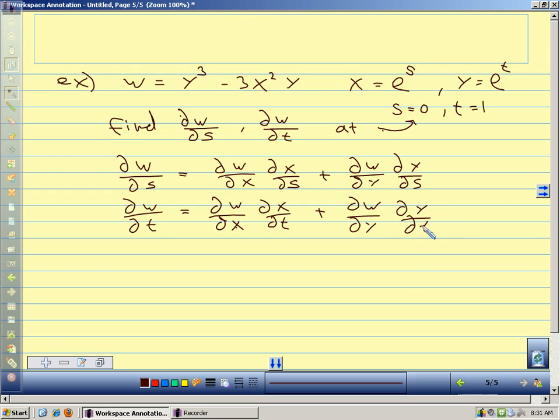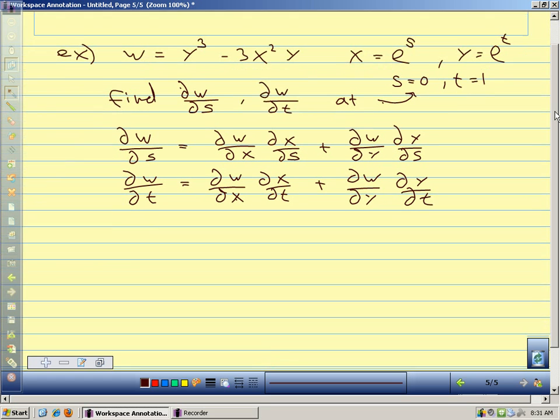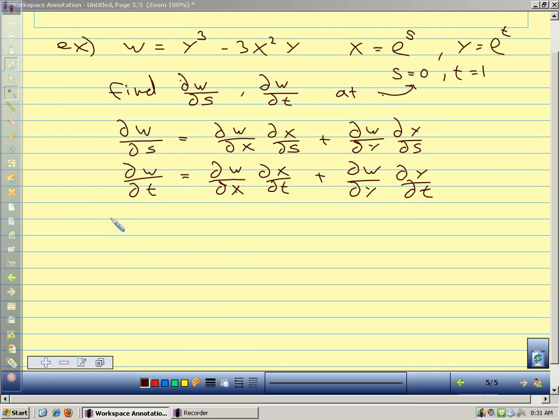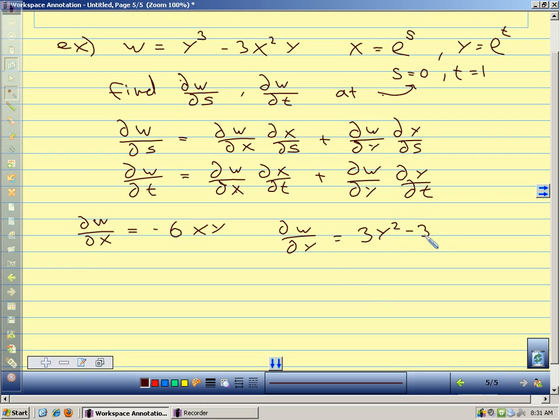So we need to calculate a bunch of partial derivatives. dw/dx is going to be what? Minus 6xy. dw/dy is 3y squared minus 3x squared.